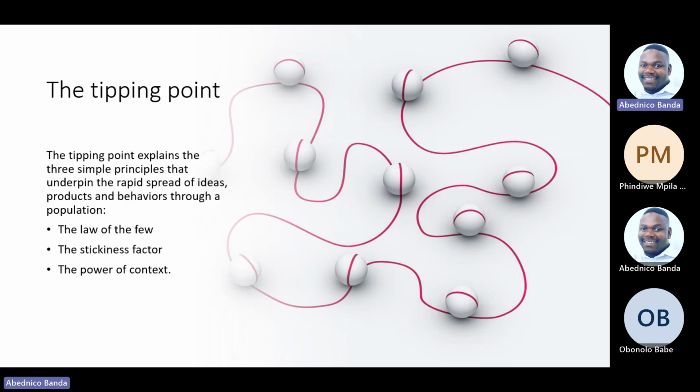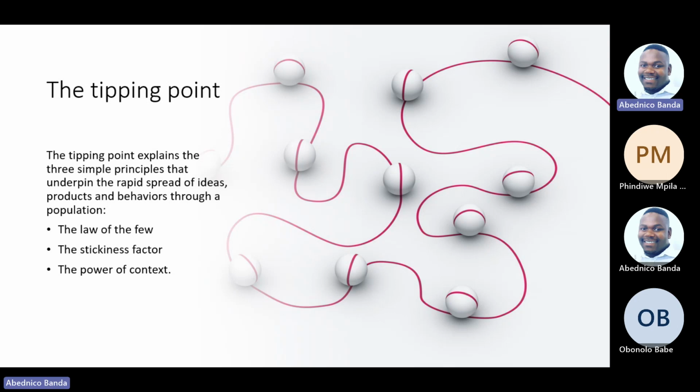So there's a tipping point, of course, when it comes to the product. The tipping point explains the three simple principles that underpin the rapid spread of ideas, products, and behaviors through a population. So we've got what we call the law of a few. You want to buy a product because very few people are using it.